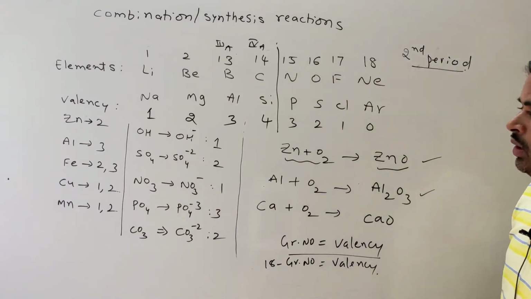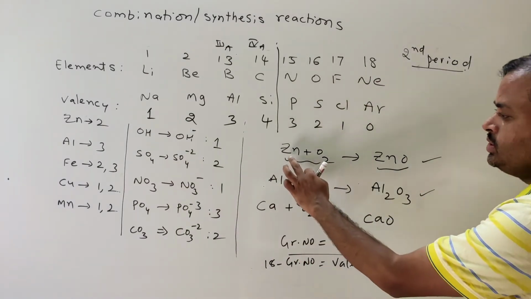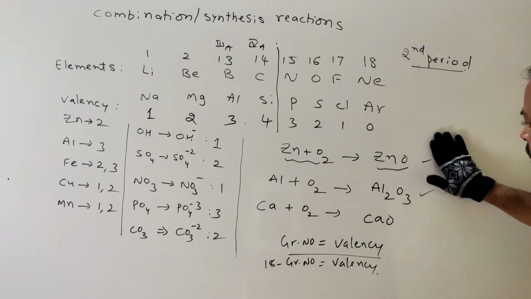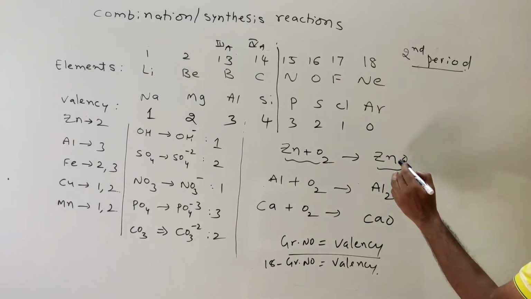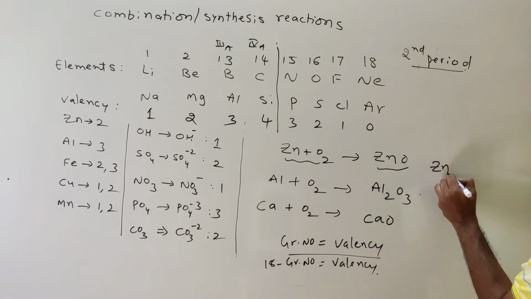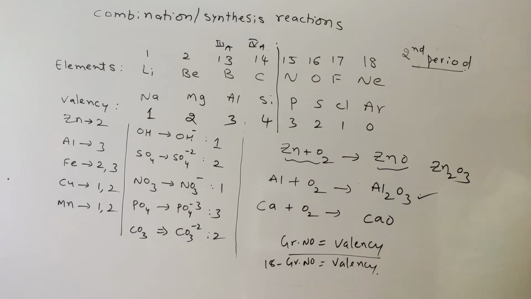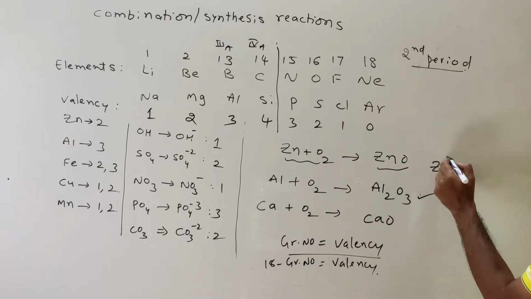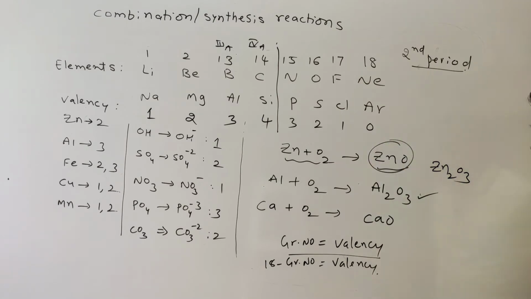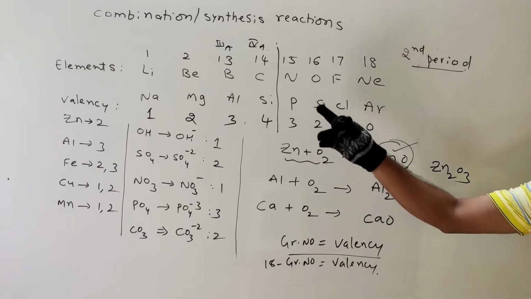First look at this: zinc plus O2 gives zinc oxide. Why should we write it as ZnO? Why not Zn2O3 or any other subscripts? Why is only this allowed? That is based on these valency rules.